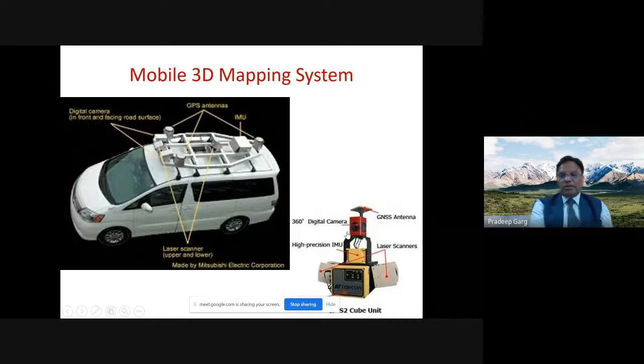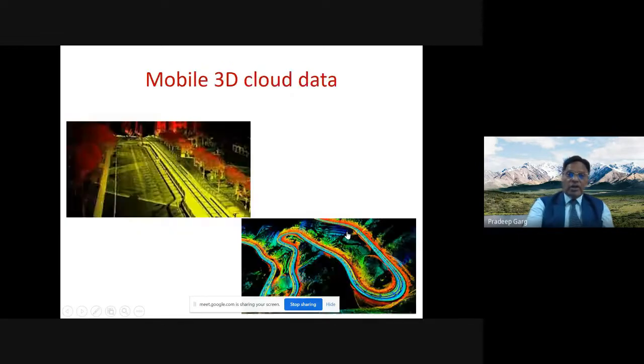So multiple images would be there, and I can create a panoramic view from one single point. So it saves a lot of time in data collection. When you are out in the field, you can save a lot of time there. So these 360-degree cameras are nowadays available in the market.